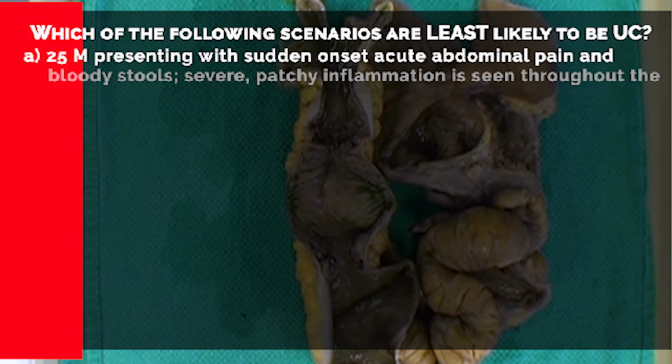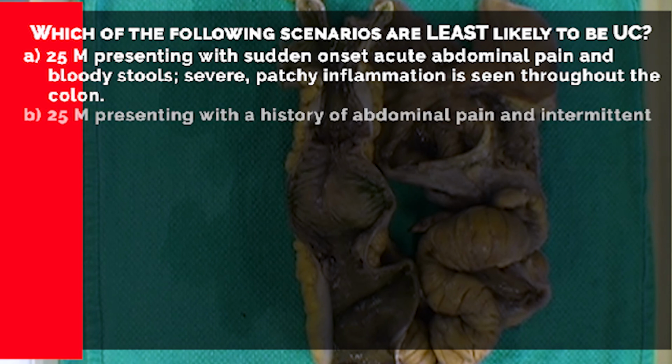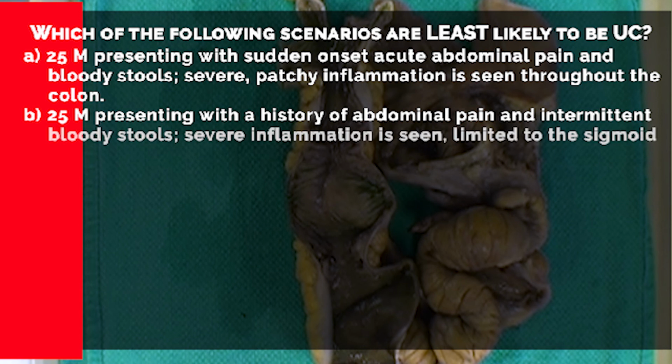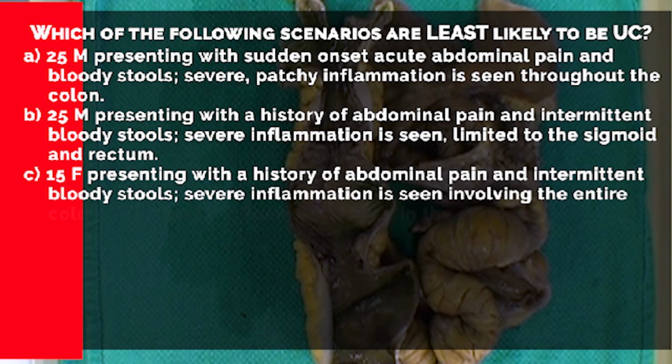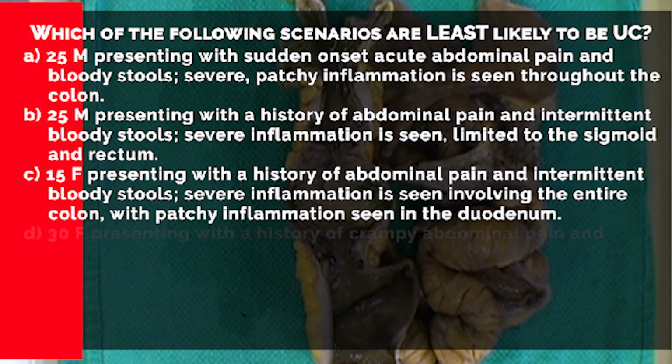A 25-year-old male patient with sudden onset acute abdominal pain, bloody stools, and severe patchy inflammation throughout the colon. Same demographic patient, with a longer history of abdominal pain and intermittent bloody stools, and severe inflammation limited to the sigmoid and the rectum.